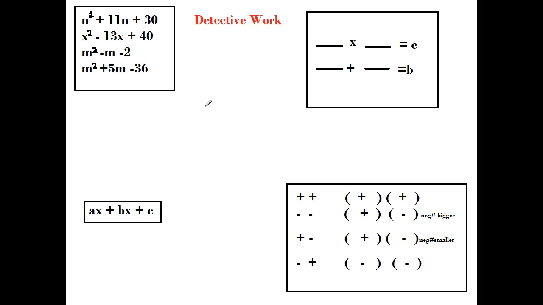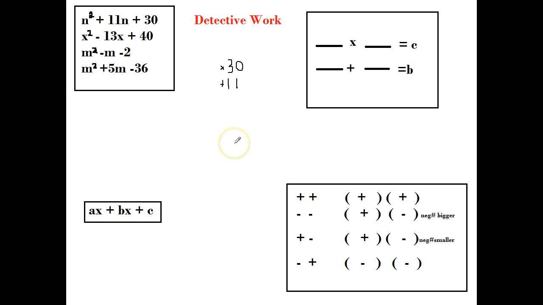So two numbers that multiply to 30, and that add to 11. Let me write down 30: multiply to 30 and add to 11.